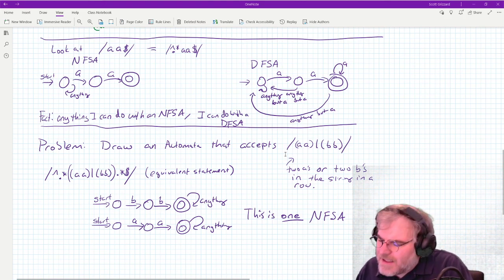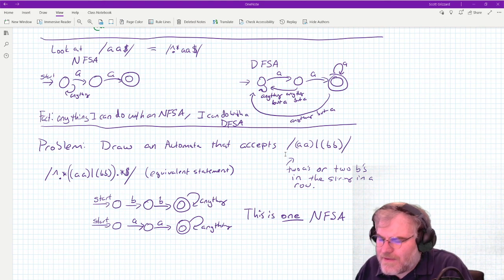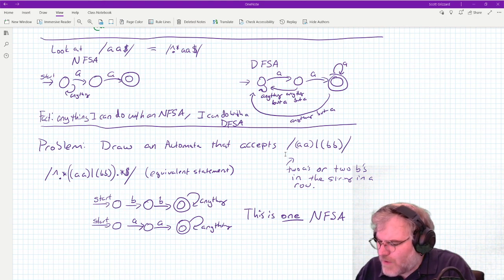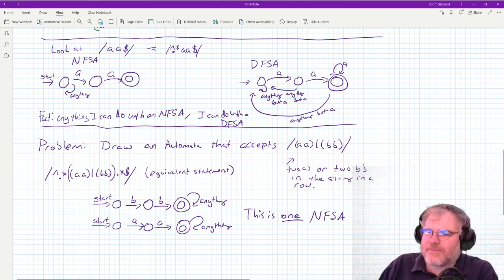In other words, a non-deterministic finite state automata is a beautiful way to deal with OR statements. Right? This is beautiful, right? It's got to match one of these two. How do you feel about that, 1 to 5?